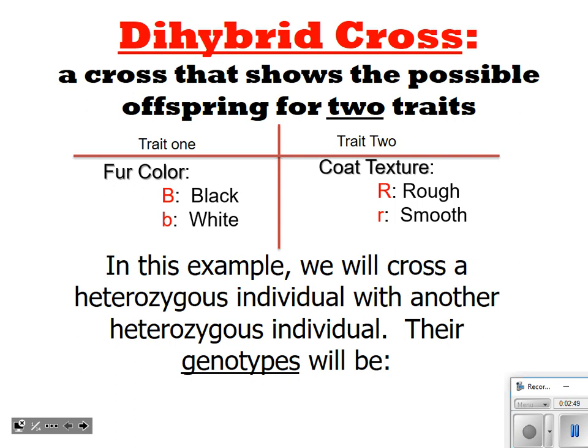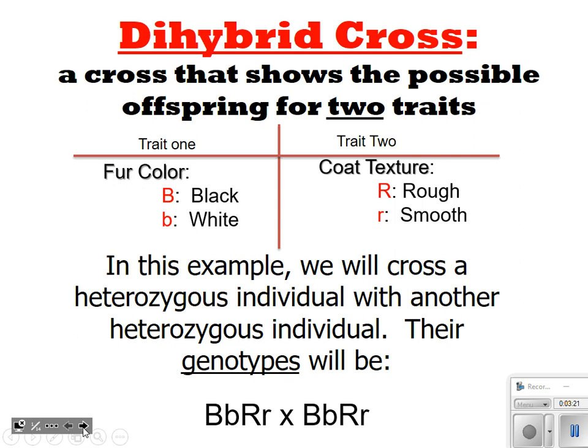What would heterozygous be? Think about that. It would be black rough. Because if it were heterozygous, the genotypes would be, give me the drum roll, capital B, lowercase b, capital R, lowercase r.